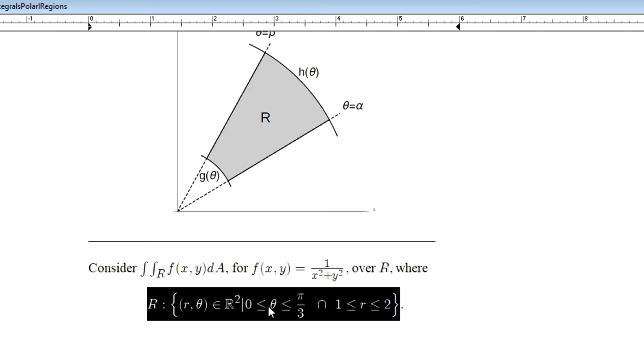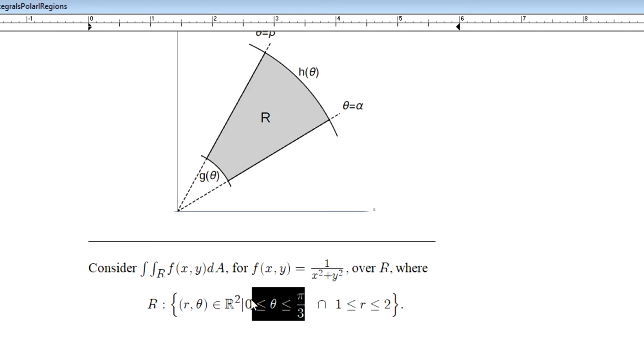R has this description of theta happening between values of 0 and pi over 3, alpha equal to 0, beta equal to pi over 3, and little r, the radius distance from the origin along these radial arms, being stuck between these constant functions of theta, where g of theta is equal to the constant 1 and h of theta is equal to the constant 2.